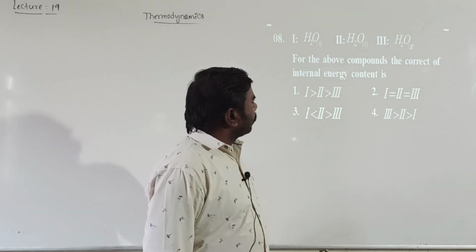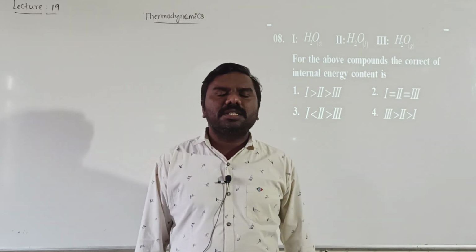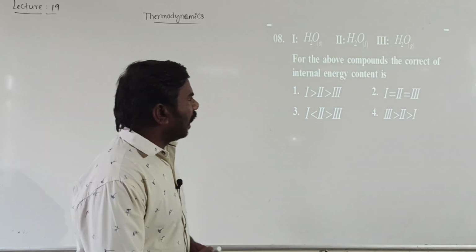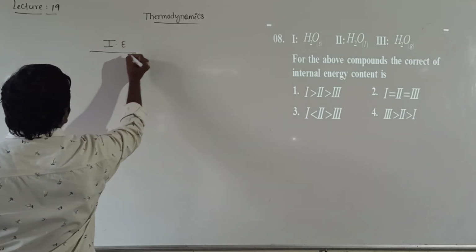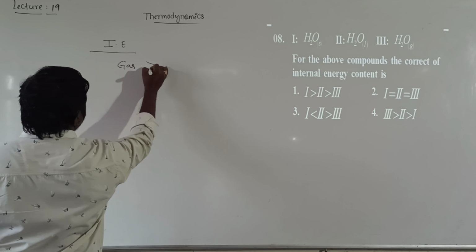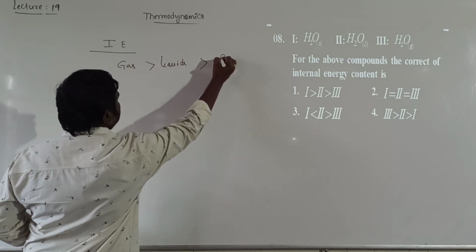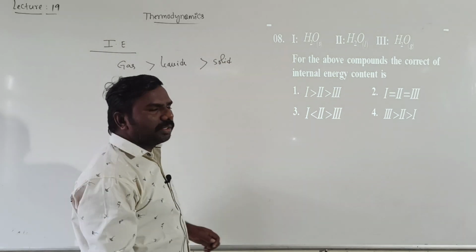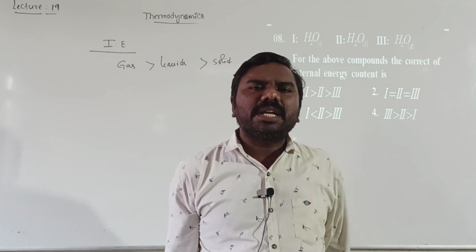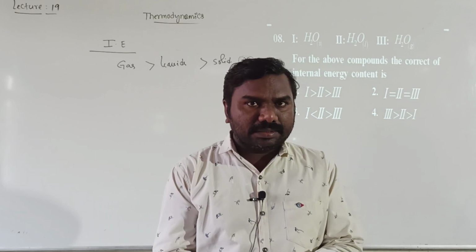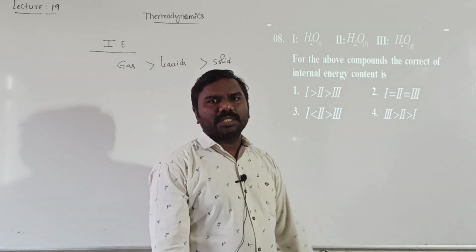So for the above compounds, the correct order of internal energy content is: internal energy of gases is greater than liquids, greater than solids. This is the order for internal energy. The more the internal energy, the more the movement, obviously that becomes a gas. That's why gases greater than liquids, greater than solids.